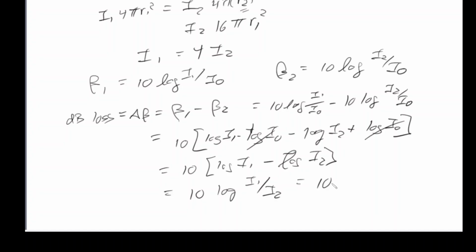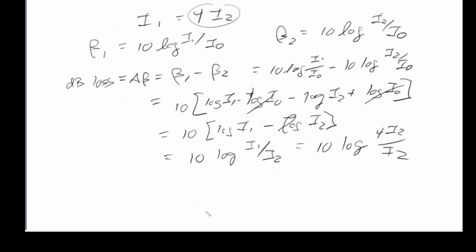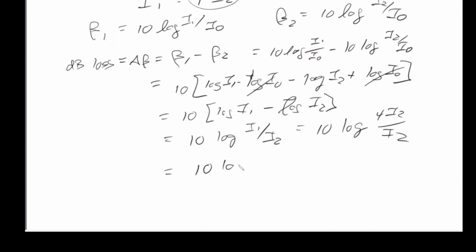But I1 is 4 times I2, so 4 times I2 over I2, which then becomes 10 times the log of 4, which is equal to 10 times 0.6, or 6 decibels. So a decibel loss by doubling the distance is equal to 6 decibels.